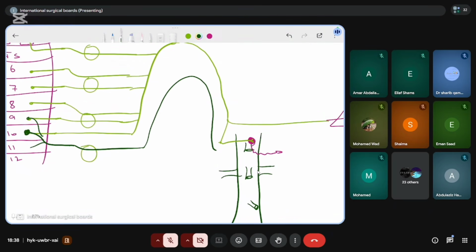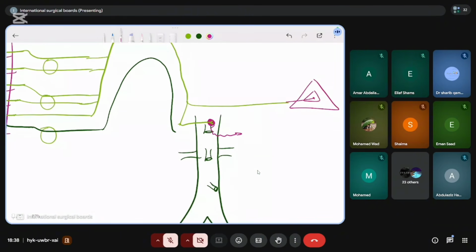Then it comes to a special ganglion located at the junction between the aorta and renal artery, or sometimes near the superior mesenteric artery. So it's variable.